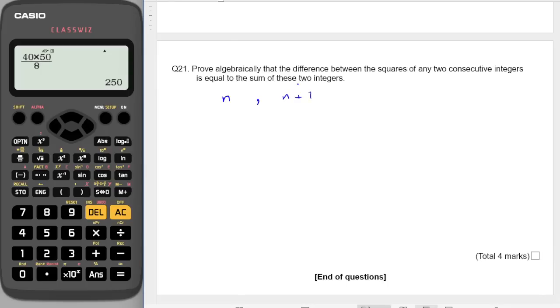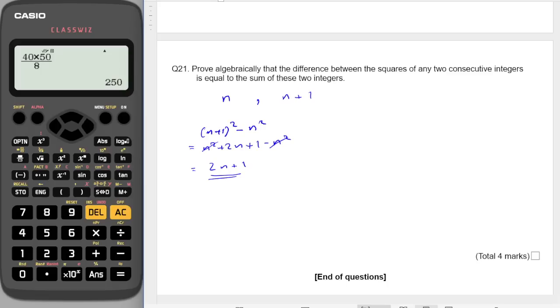The difference between the squares is n plus 1 squared minus n squared. So that would be n squared plus 2n plus 1 minus n squared, which is equal to 2n plus 1.